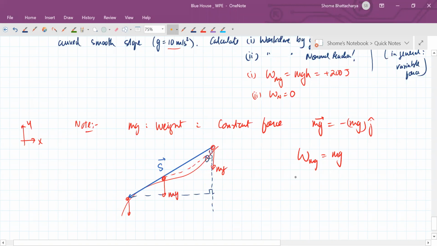This angle is theta. It's going to be mgh. This height is h.